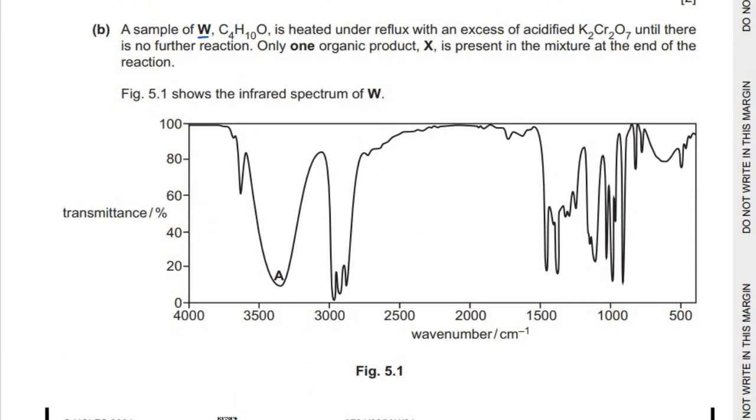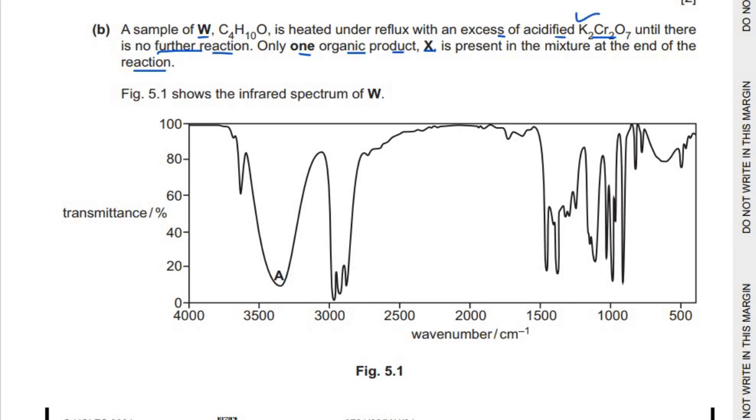A sample of W, C4H10O, is heated under reflux with an excess of acidified potassium dichromate until there is no further reaction. Only one organic product X is present in the mixture at the end of the reaction. What we need to understand is that there is a compound C4H10O heated under reflux with acidified potassium dichromate, that is, it is oxidized.